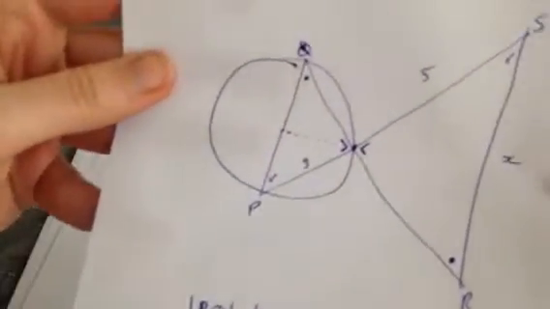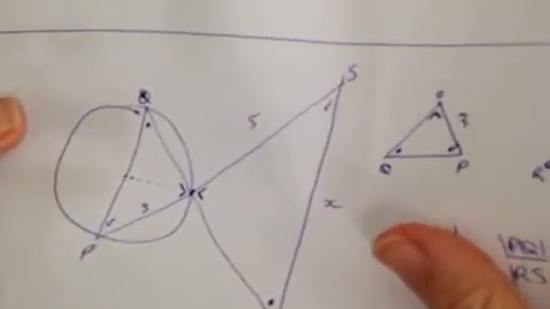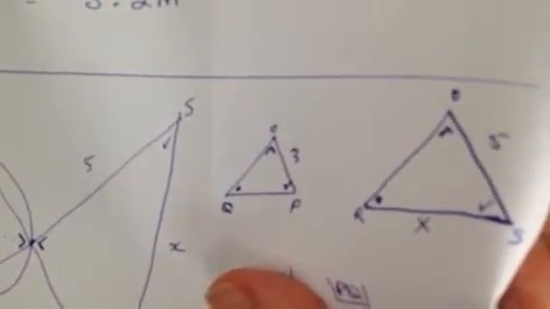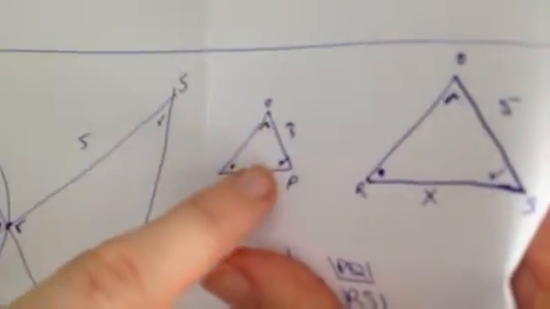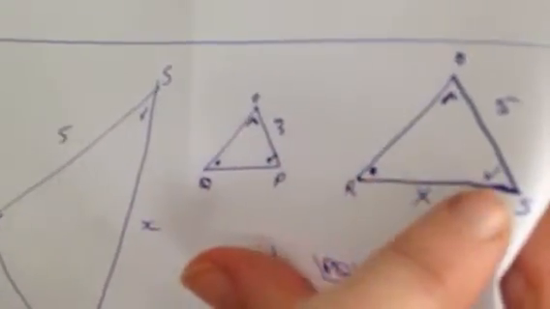I don't usually find it as helpful to look at it like that as I do to draw them out myself and compare them. Then I know that if I have similar triangles, this side over this side is equal to this side over this side.